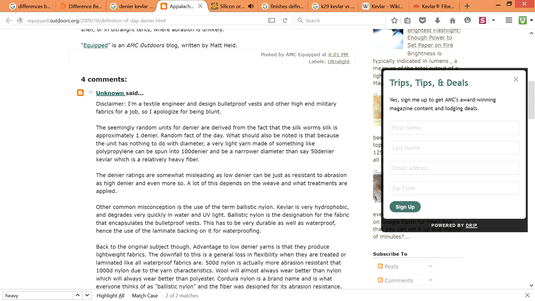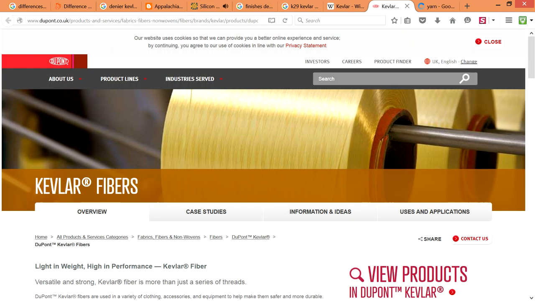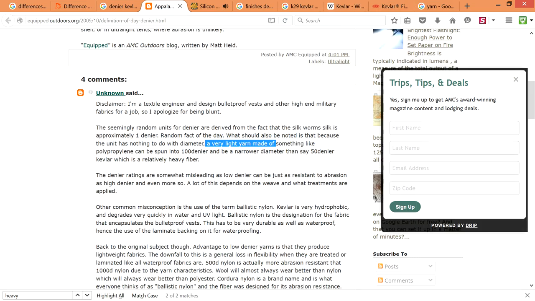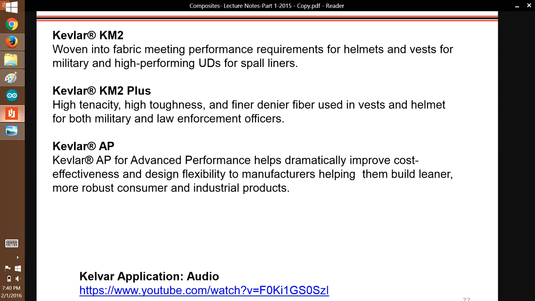Yeah. So a very light yarn, meaning a row of threads, this is a yarn. So yarn can be made into 100 denier, and a narrower diameter than, say, 50 denier Kevlar, and it's relatively heavy. So I think it's trying to say that the higher the denier, the heavier it is.